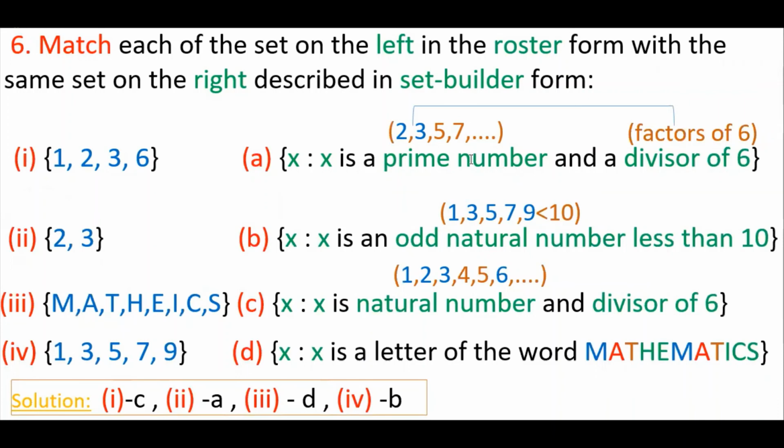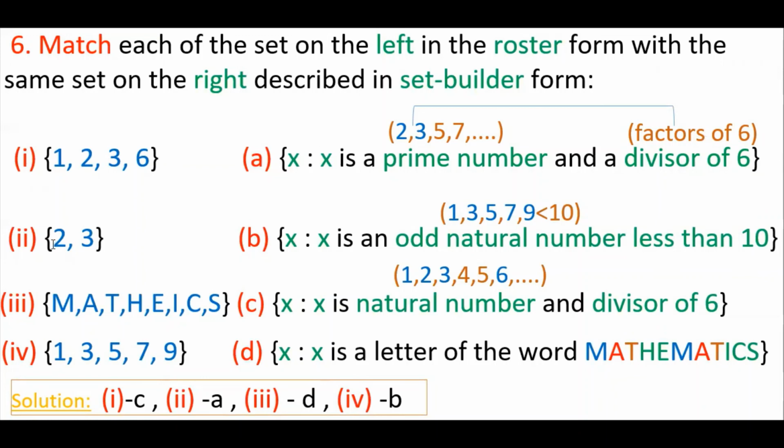Prime numbers, we know, are those numbers whose only factors are 1 and the number itself: 2, 3, 5, 7, etc. And one more condition, a divisor of 6. Divisor of 6 means factors of 6. So out of these numbers, only 2, 3 are prime numbers and factors of 6.